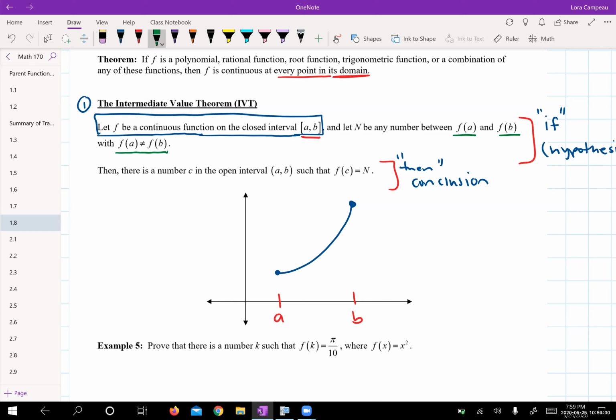When I see function notation, I like to demonstrate it on my picture. If I look at A and then the function evaluated at A, I go up to the function, then over to the y-axis, and that is the location of the y value, f of A. Similarly, I go to where the function is located at B, then over to my y-axis. X equals B, Y equals f of B.